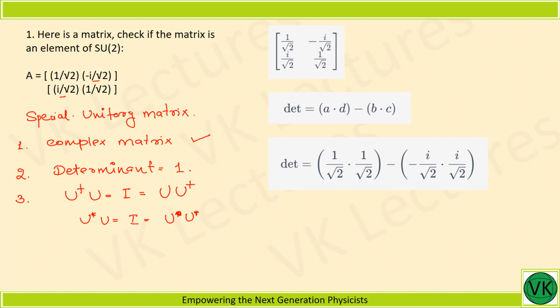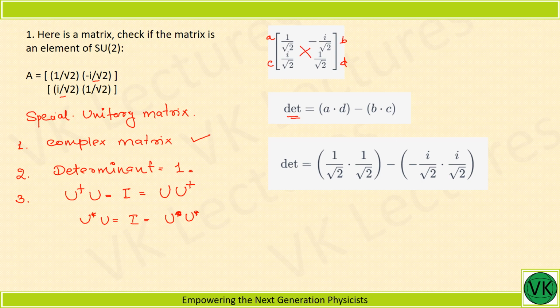Now check the determinant. This is our matrix: 1 by root 2, minus I by root 2, I by root 2, and 1 by root 2. These are A, B, C and D of a 2 by 2 matrix. The determinant is given by A into D minus B into C, that is AD minus BC.